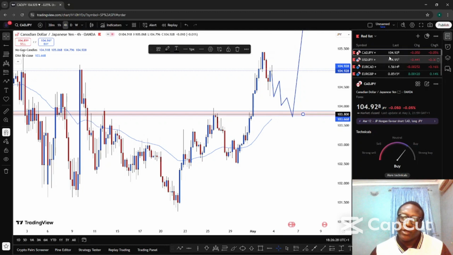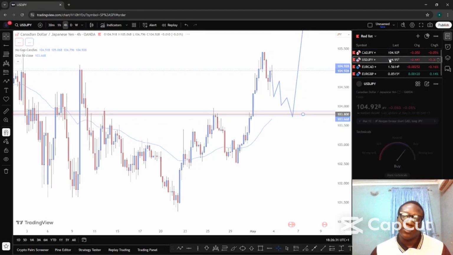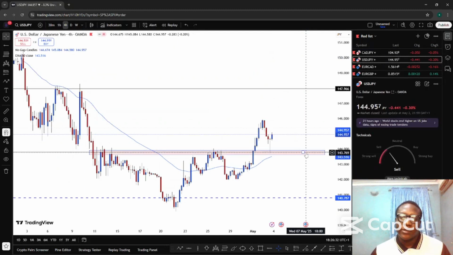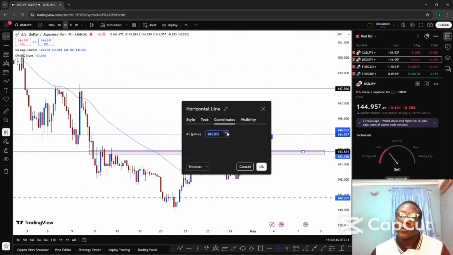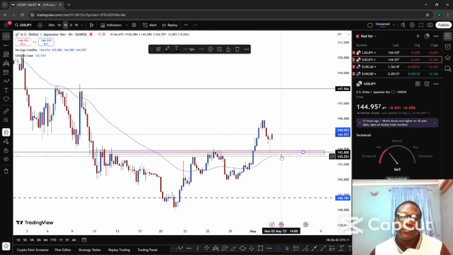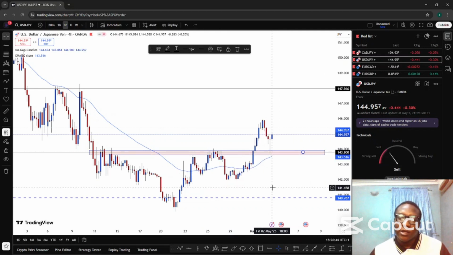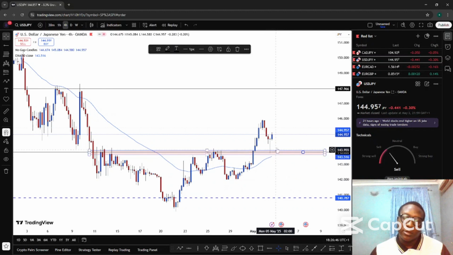So that's an extra confluence for us to take this trade. For USDJPY, we have our psychological level of 143.800, which, as you can see, the market tapped and just rejected.